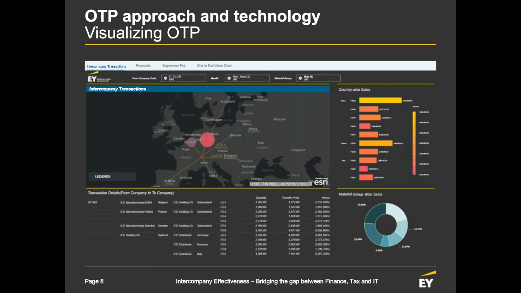We're also seeing that the newer generation solutions take into account the knock-on effect that a transfer pricing adjustment may have on customs, duties, VAT, withholding taxes, but also how it impacts the treasury function and any hedging programs that there might be.